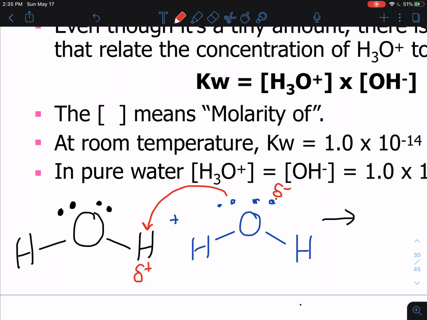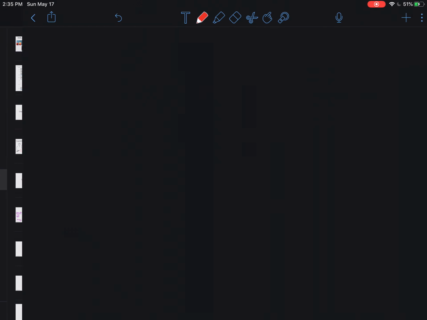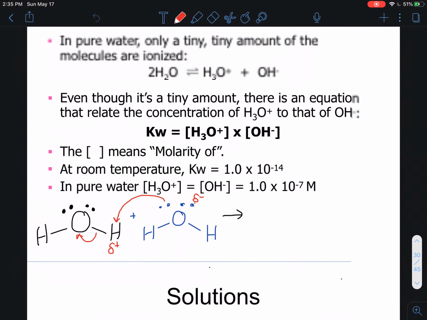And this hydrogen atom, right here, pops off. So the oxygen right here keeps the electrons from the bond, and the hydrogen pops off.